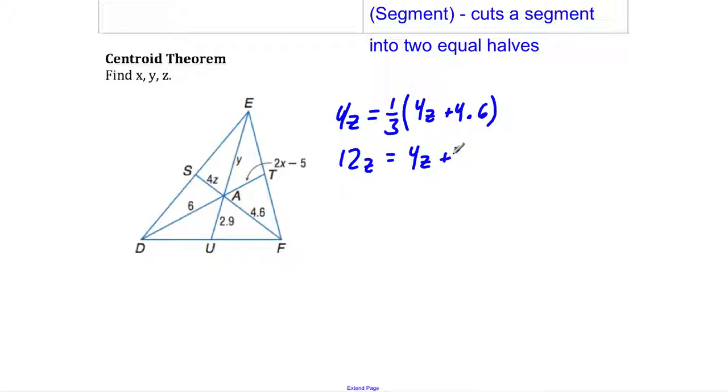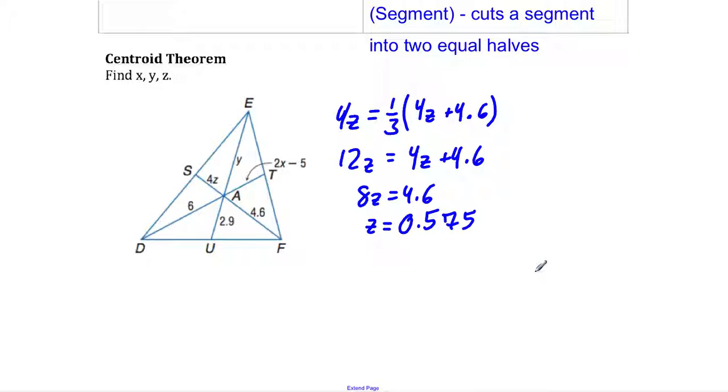Is equal to 4Z plus 4.6. Subtract the 4Z, so I get 8Z is equal to 4.6. And that means that Z is going to be equal to 4.6 divided by 8, which is 0.575.